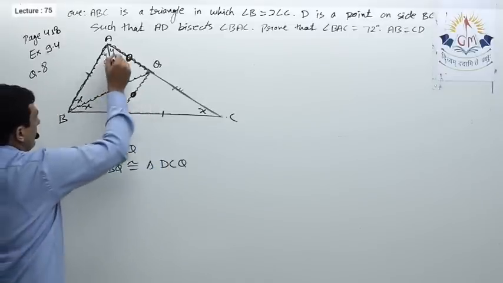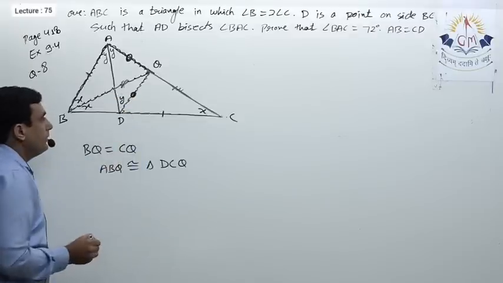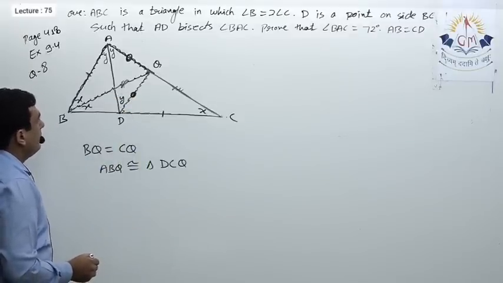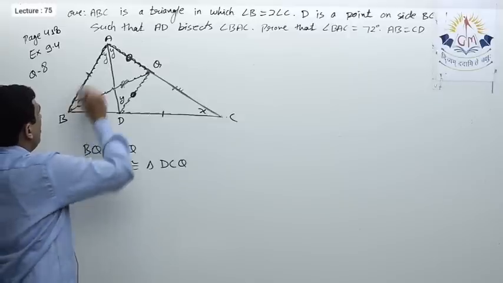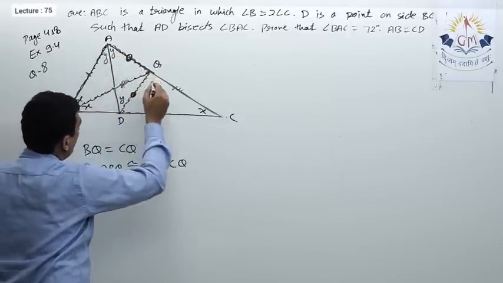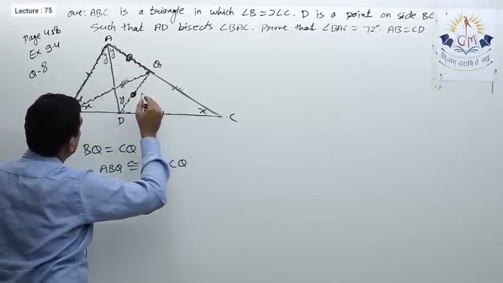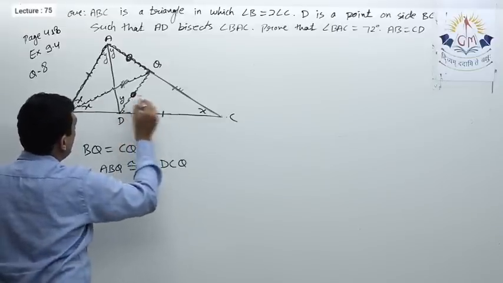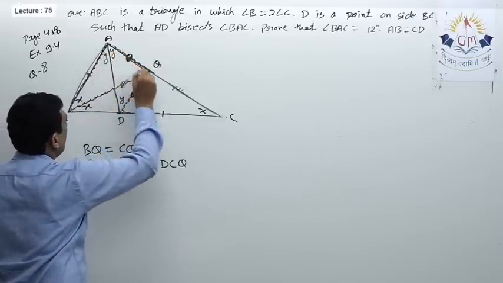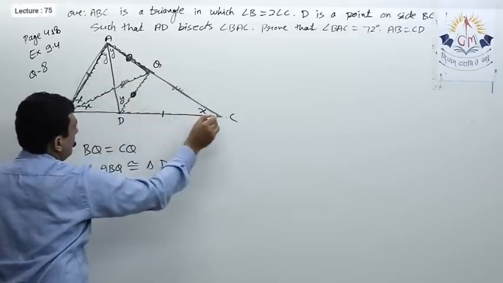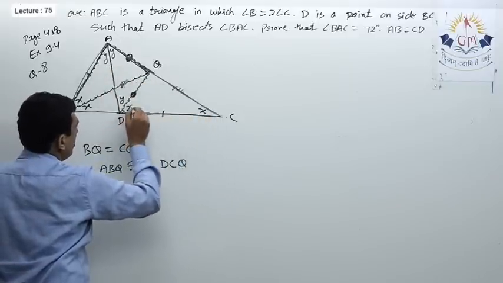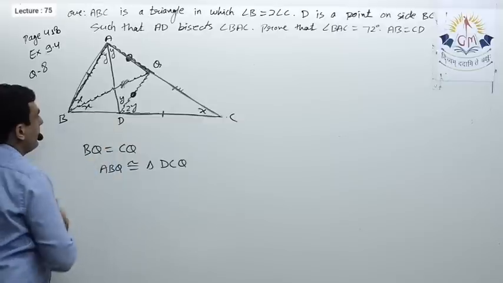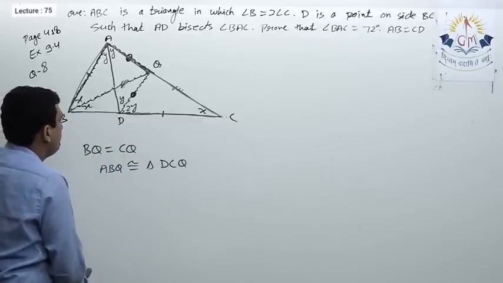Now, as this angle is y, also from this I can say that angle BAQ is equal to angle CDQ by CPCT. This angle BAQ will be 2y, so this angle is y, this angle is 2y.